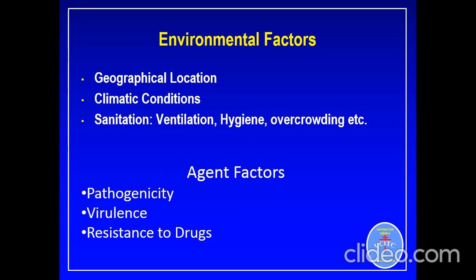The main factors, of course, the participants are well aware, are the agent factors, which are very important in tuberculosis. That is the pathogenicity of the organism, the virulence of the organism, and the type of the organism, which is either drug susceptible or resistant to many drugs.